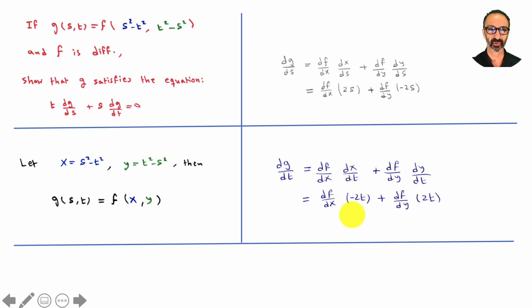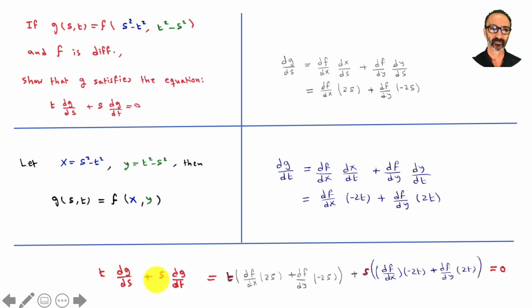Let's look at this part right here. dx dt will be minus 2t, and dy dt will be 2t. If we go back to this right here, and we take care of this and this, put them together, with simple algebra, everything will cancel.